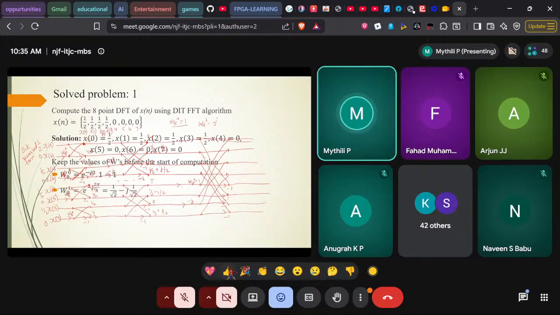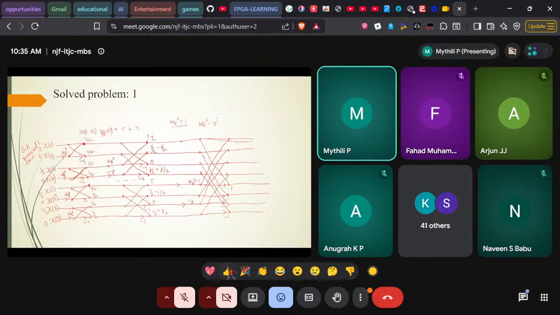One by root 2 into 1 minus j. Here, minus 1 by root 2 into 1 plus j. I am multiplying here.